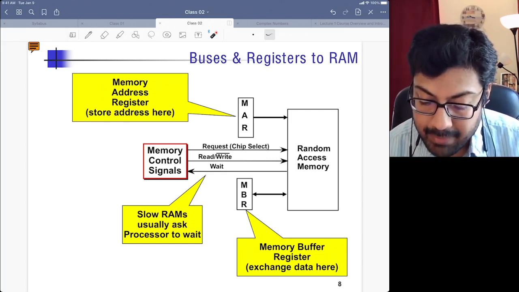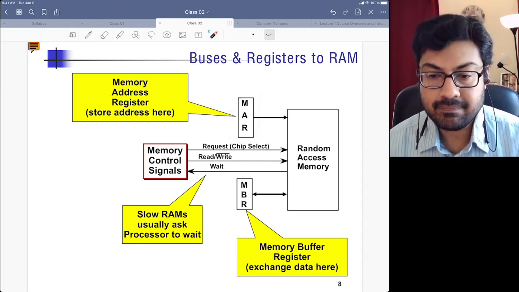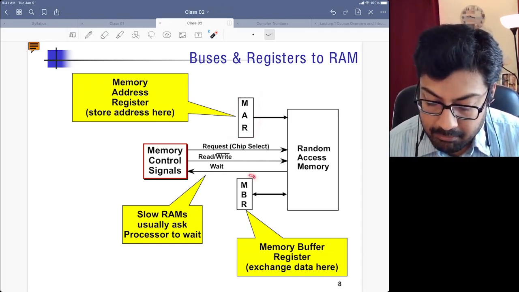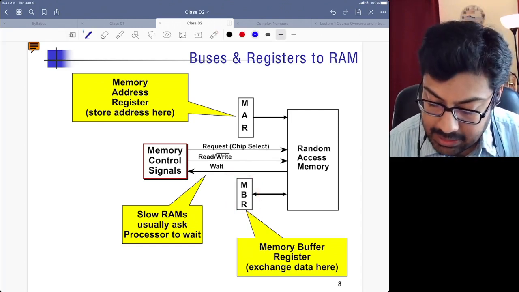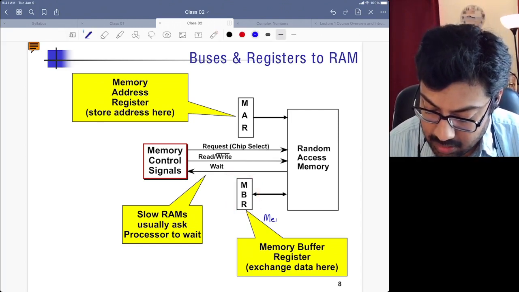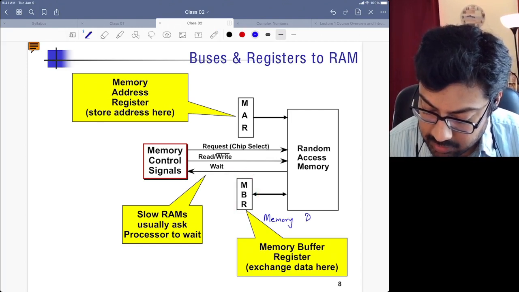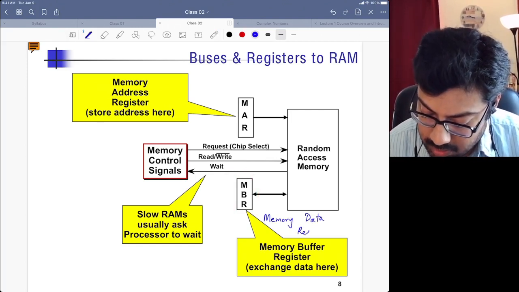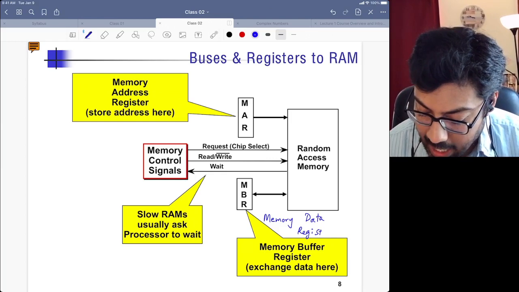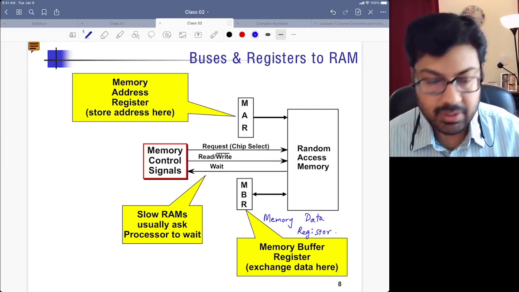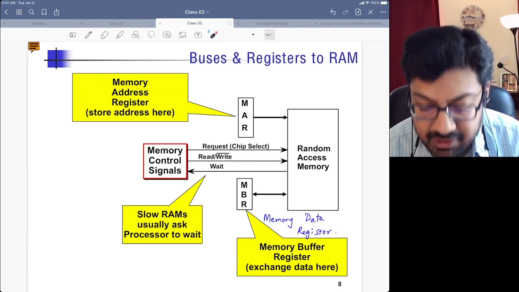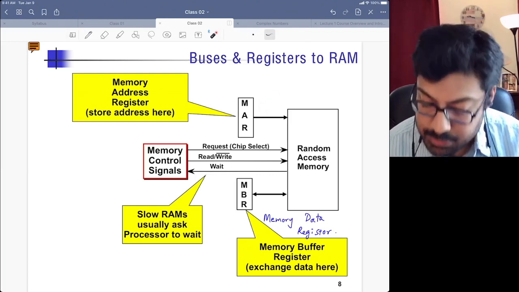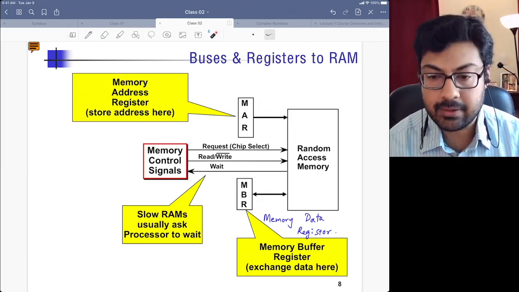One is the memory address register and the other is the memory buffer register, also called the memory data register. So MBR or MDR. It's usually one or the other. There is a specific purpose for MAR and there is a specific purpose for MBR.